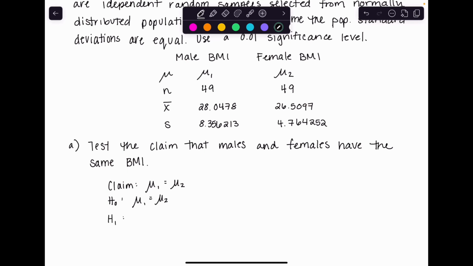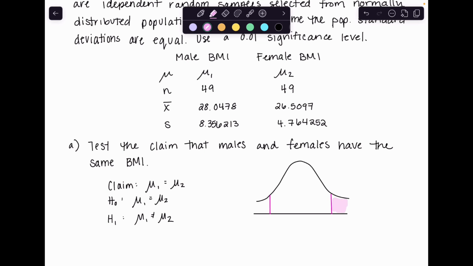And then our alternate is that these two are not equal to each other. So we want to use a 0.1% significance level. So this, because of that alternate hypothesis, is going to be a two-tailed test, where alpha is going to be 0.01.